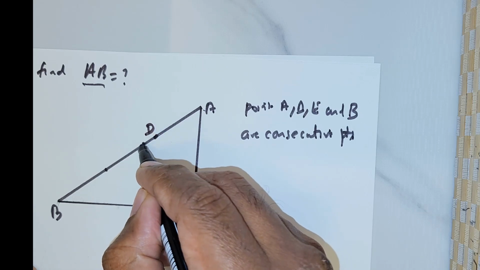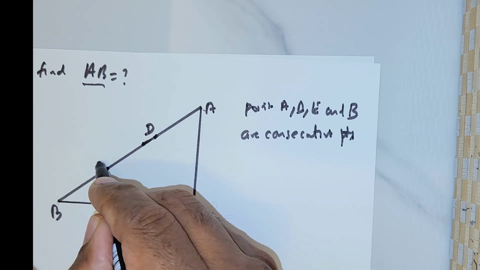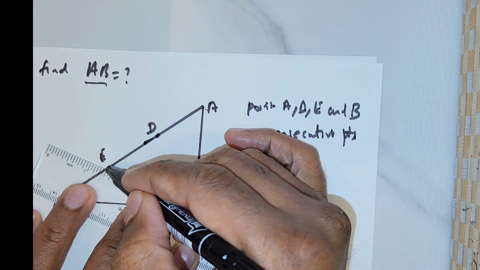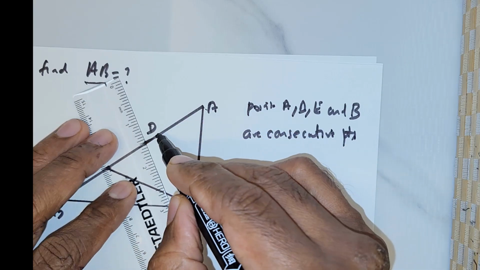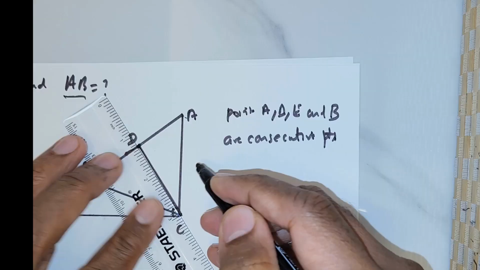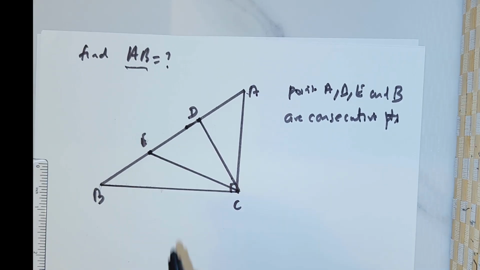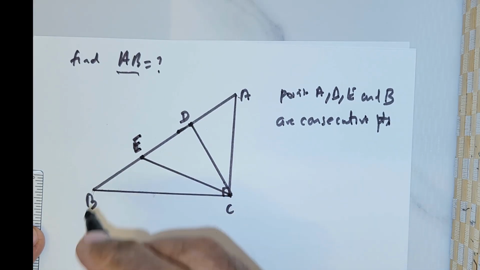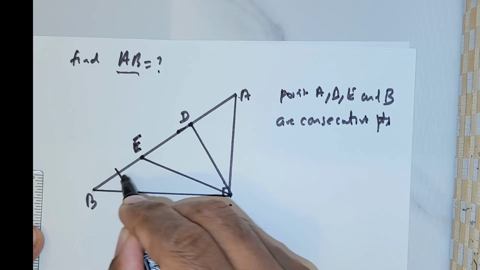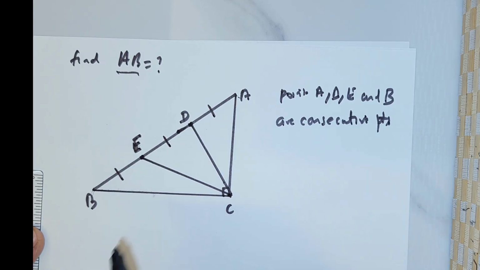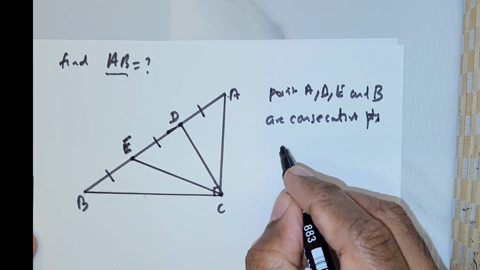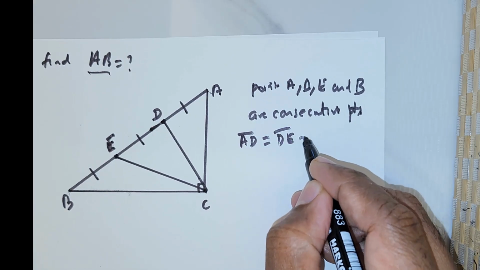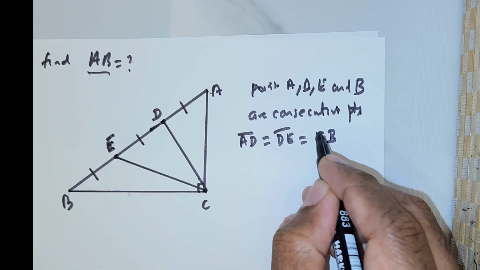Okay, this point is D and this point is E. There is a line from D to C and E to C. Now these are all of equal parts. The division is equal. Now AD is equal to DE is equal to EB.